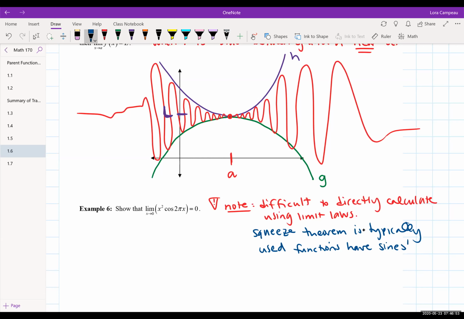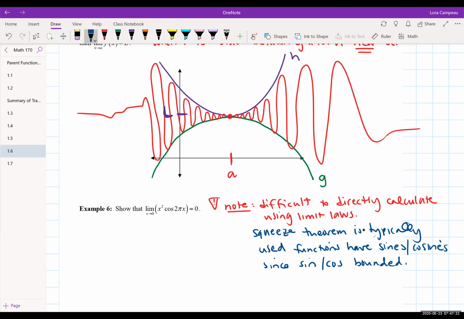Some of those waves tend to help us. The reason we would invoke the squeeze theorem is that sines and cosines are bounded. You remember the quick graphs, they're bounded by -1 and +1. So this is the motivation behind why we're going to use the squeeze theorem. If they're already bounded, that helps us out.